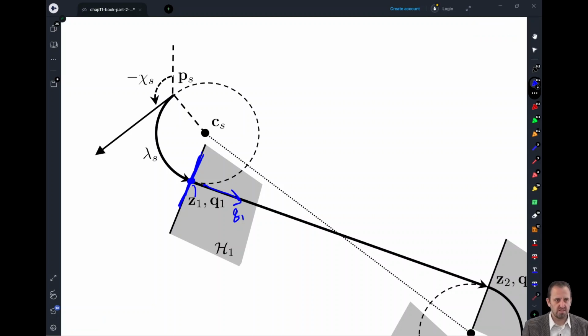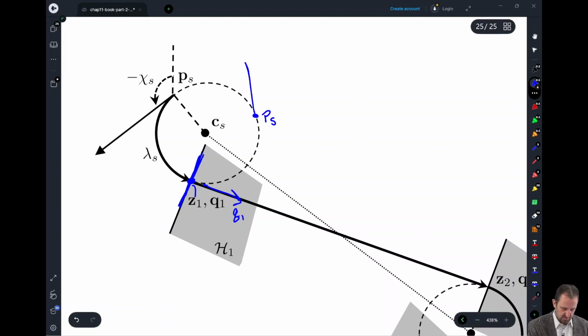So we want to switch there. But what if P start was right here? That's a perfectly valid configuration. If P start was right there, and this would be our negative chi start, then we'd want to execute this circle for the first part of that half plane.